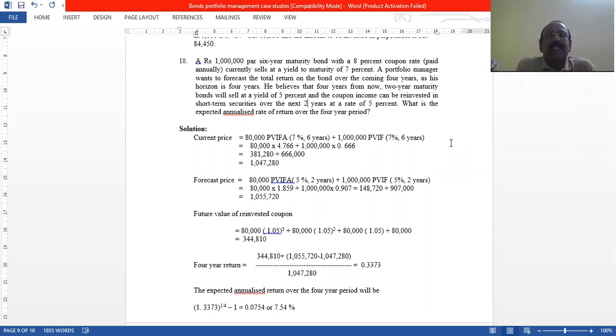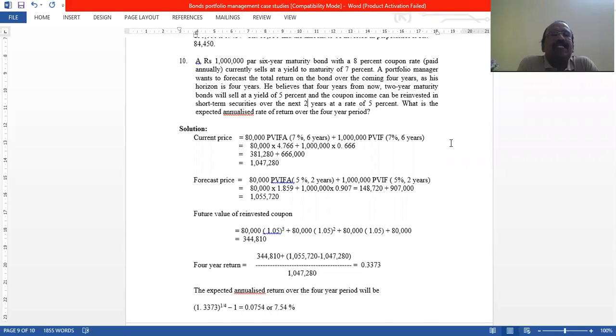So 80,000, and he's reinvesting at 5%. So 80,000, 1.05 power 3. So he's investing after first year interest he will receive at the end of the first year. So he will reinvest for 3 years. So 80,000 into 1.05 power 3.